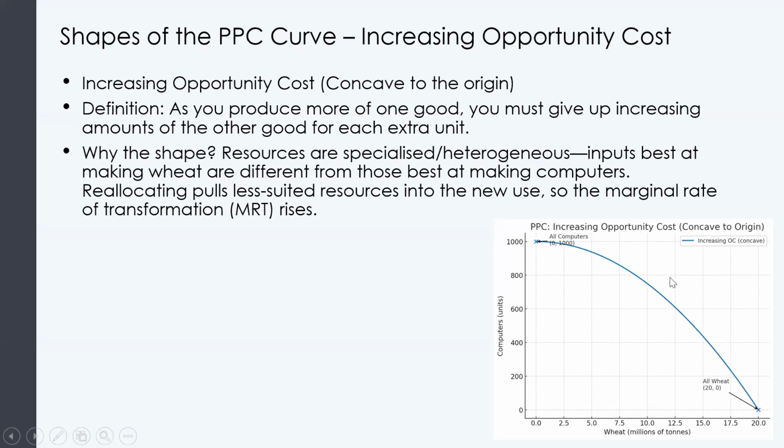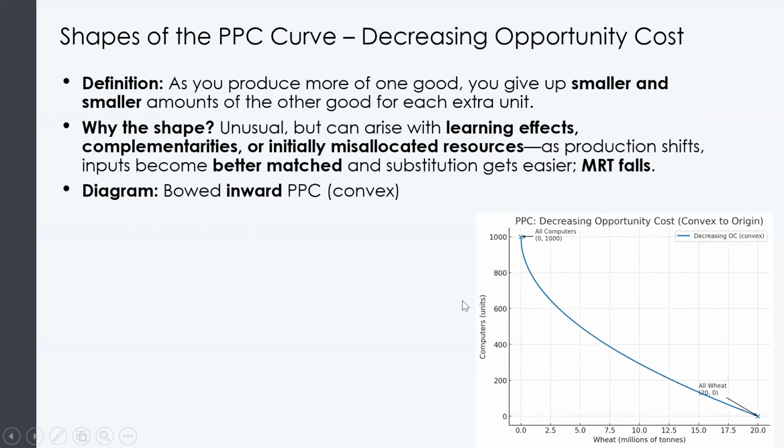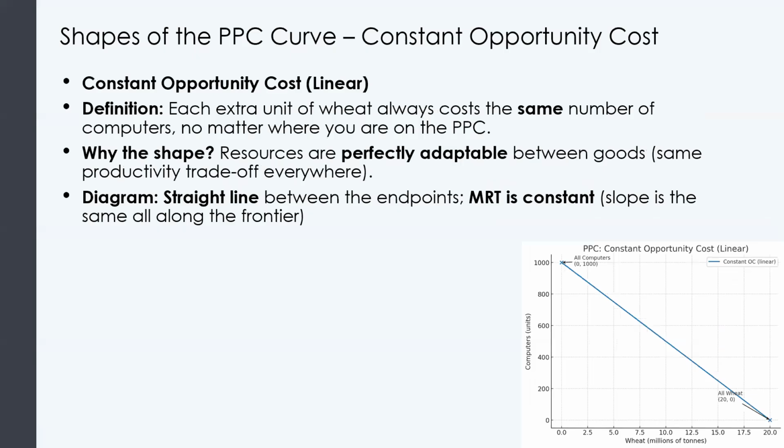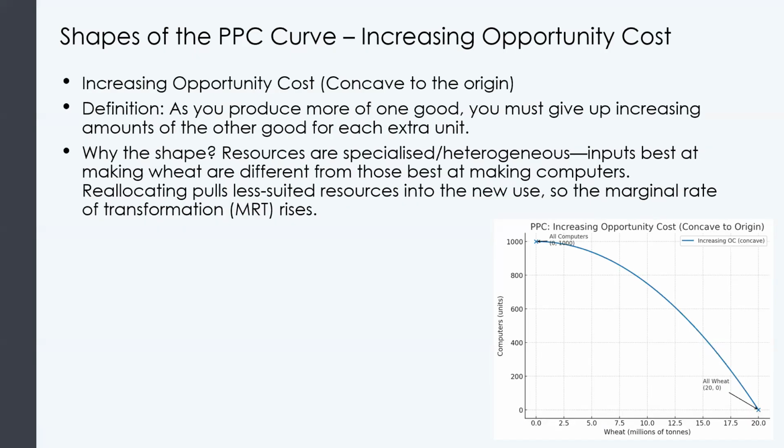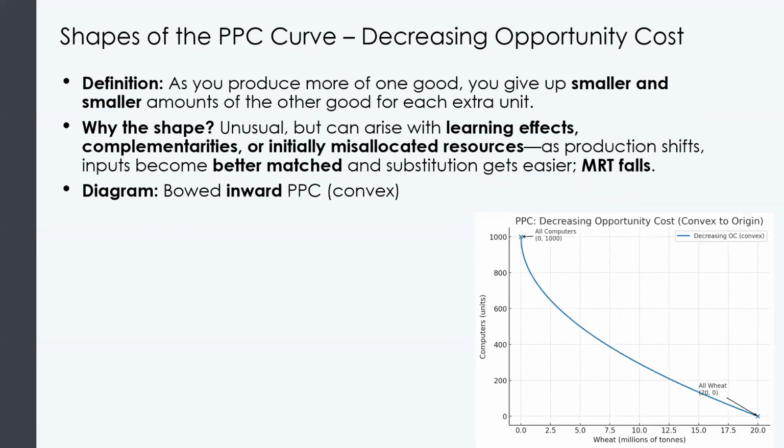This is the graph. Do you see that it is bowed outward? That is increasing opportunity cost. The next type of opportunity cost is decreasing. You can see the shape is inside. Increasing opportunity cost, the shape is outside, and decreasing opportunity cost, the shape is inside. So that is not normal, right?